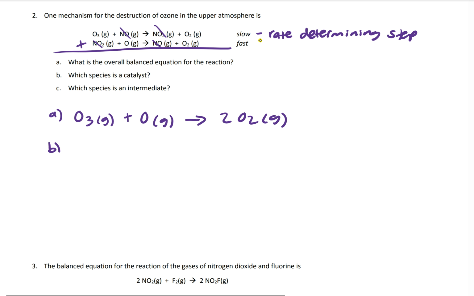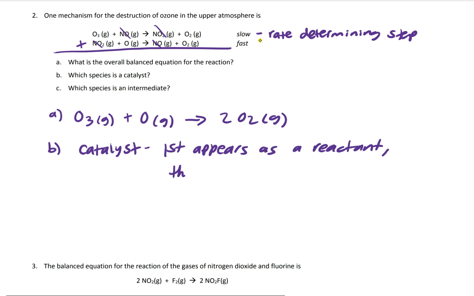Part B, which species is a catalyst? A catalyst first appears as a reactant, then later in the mechanism as a product.